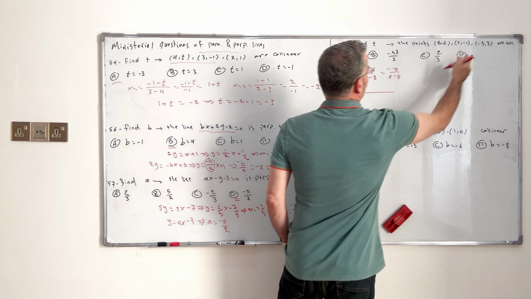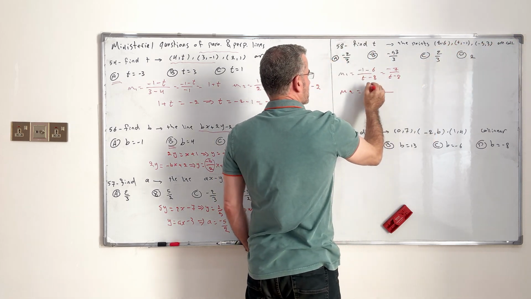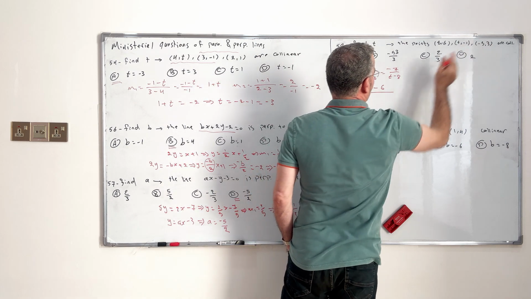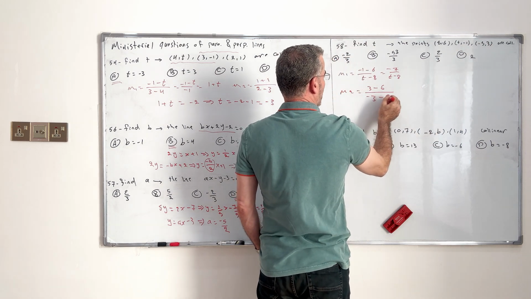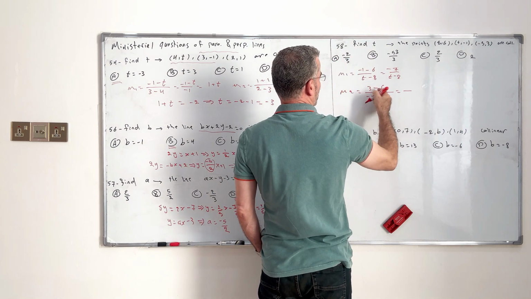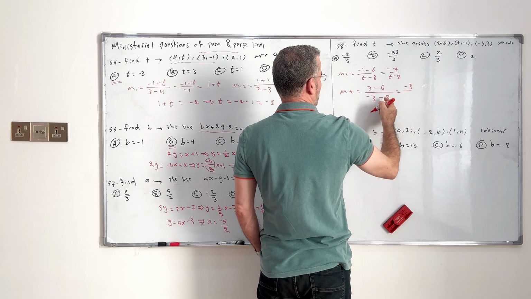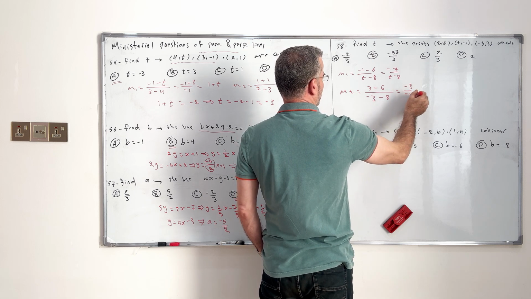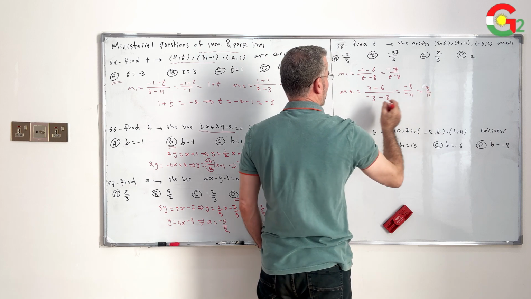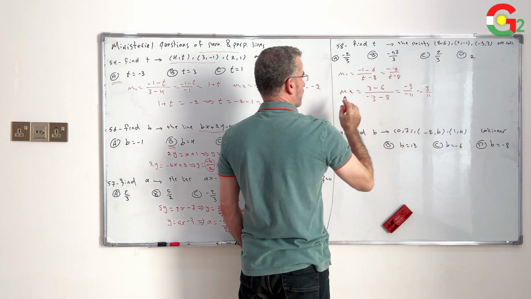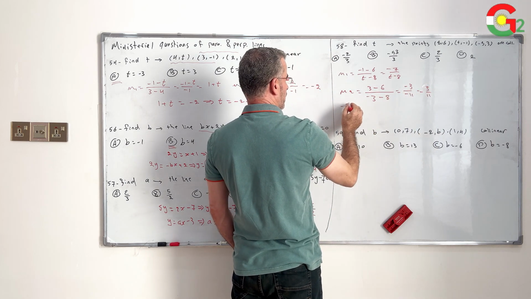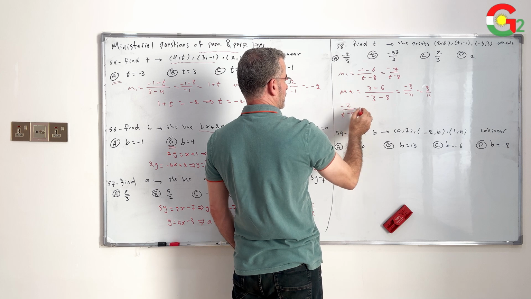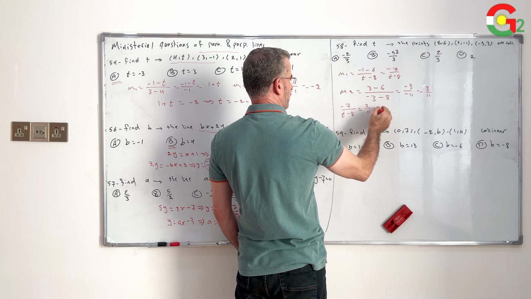m2 equal to 3 minus 6 over -3 minus 8 equal to 3 minus 6, -3, -3 minus 8, -11, it is 3 over 11. Since the points are collinear, then -7 over t minus 8 equal to 3 over 11.